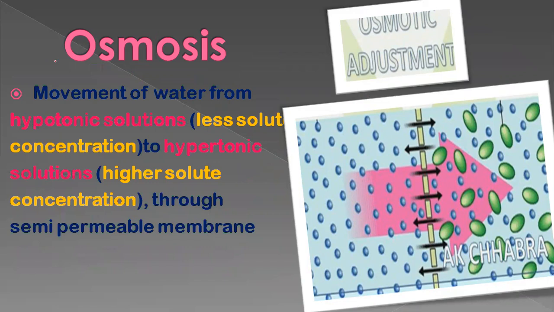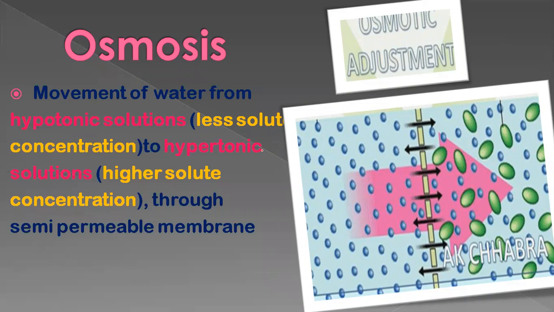First of all, we will revise what osmosis is. You have already studied osmosis: it is the movement of water from a hypotonic solution, meaning less solute concentration, to a hypertonic solution, meaning higher solute concentration, through a semi-permeable membrane.